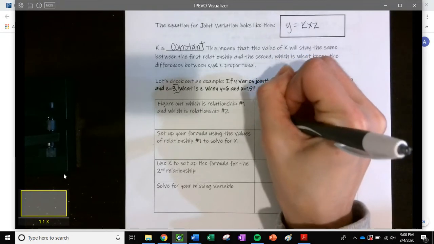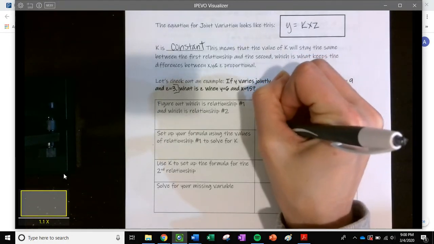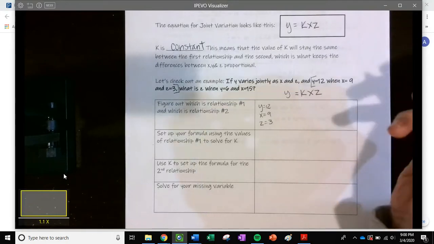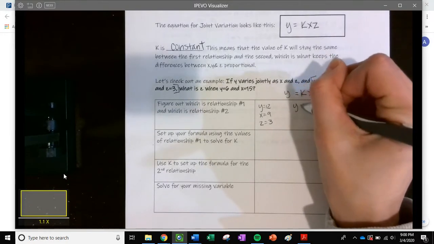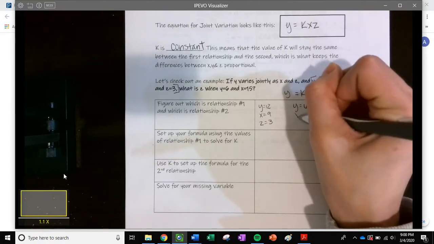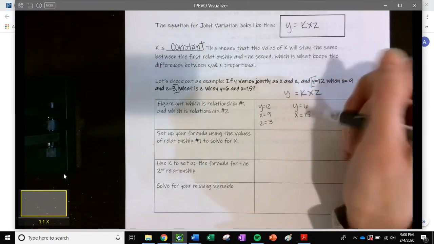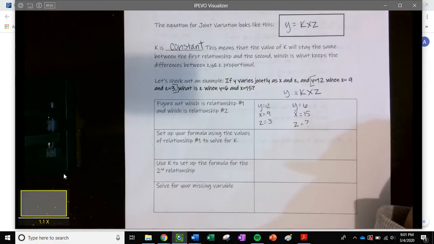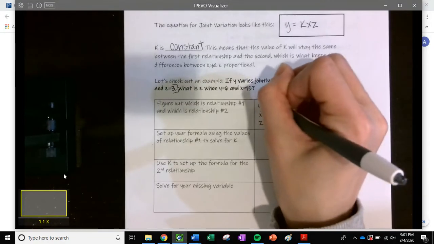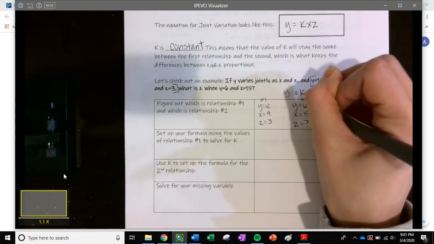Y is 12, x is 9, z is 3. And then in relationship number 2, we have a y value of 6 and an x value of 15, and we are looking for z. So this is number 1 and number 2.